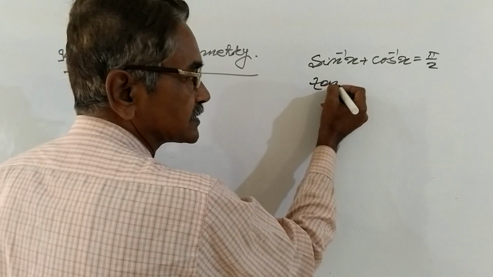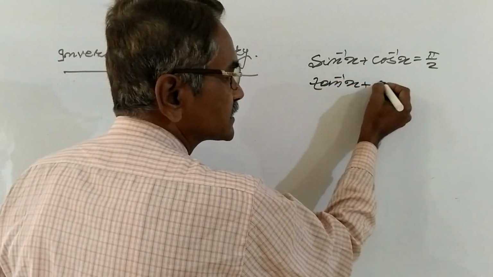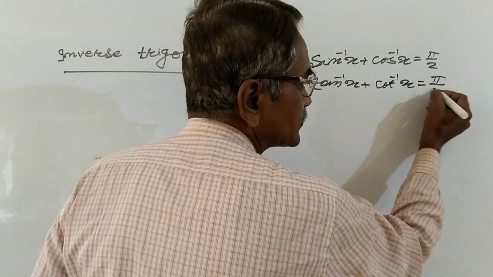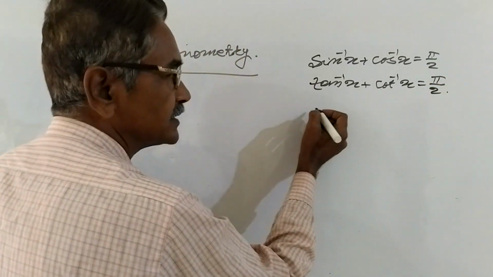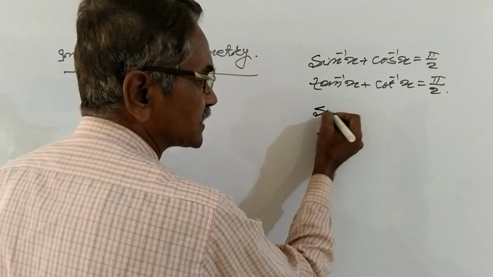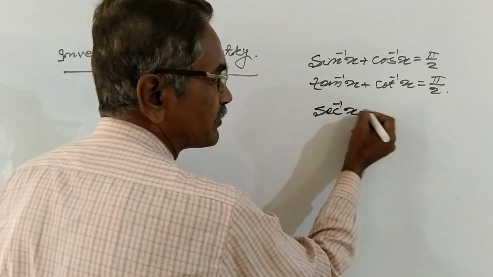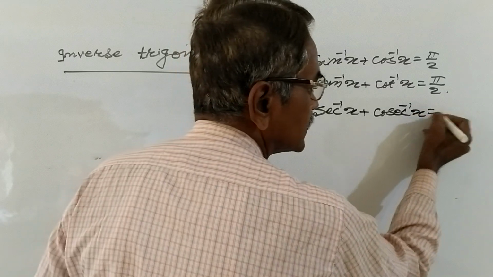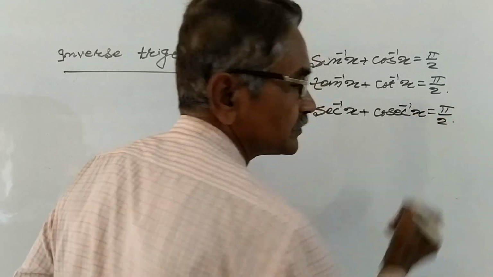Tan inverse x plus cot inverse x is also pi by 2, and sec inverse x plus cosec inverse x is also pi by 2.